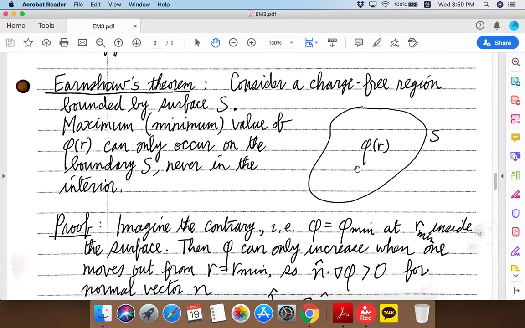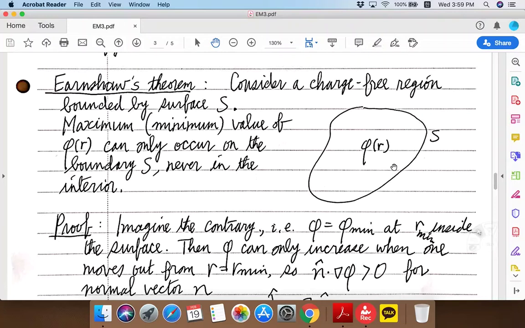It's one of the theorems that simply cannot be circumvented. No matter how carefully you make your apparatus, there's no way you can make it so good that it violates Earnshaw's theorem.